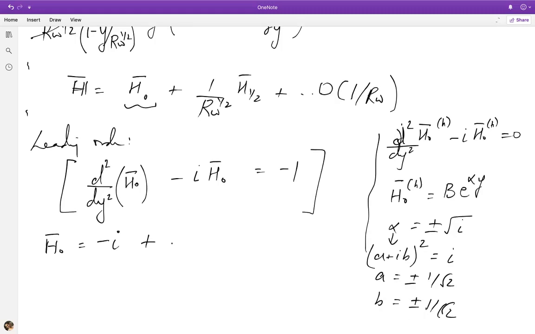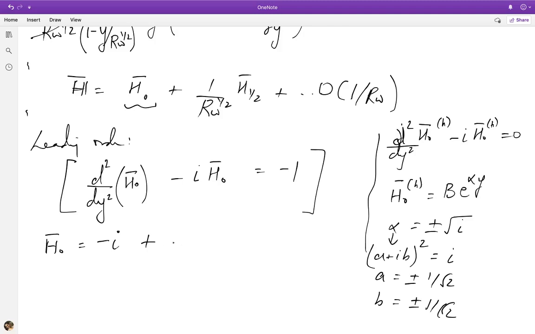So the general solution to this problem then becomes, these basically mean that I have 1 by root 2 plus i 1 by root 2 and minus 1 by root 2 minus i 1 by root 2. Both exponentiated are two possible homogeneous solutions. And I need two solutions because I have a second order homogeneous differential equation.